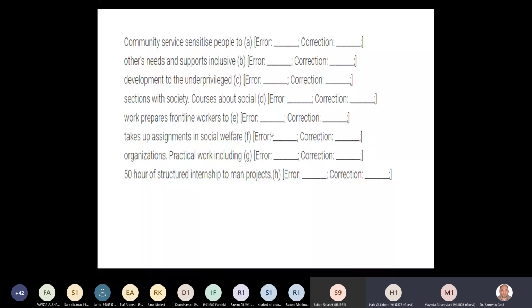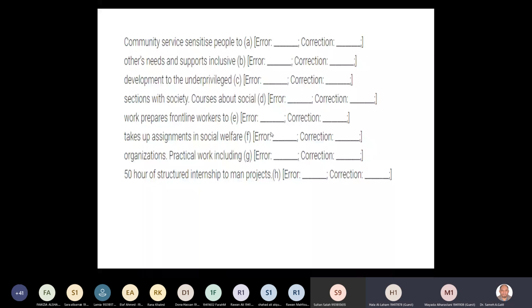I hear it as community service. Okay, let's agree on that. If it's going to be community service, you're going to keep sensitize as is, but you're going to go to support and drop the S, right? And also others', I'm going to change the apostrophe. Others' needs. Let's just focus on whether it's going to be community service or community services.